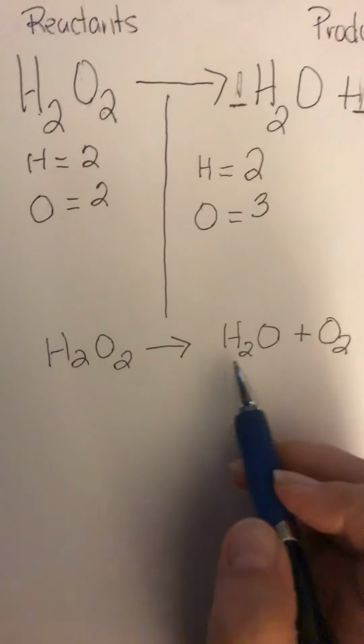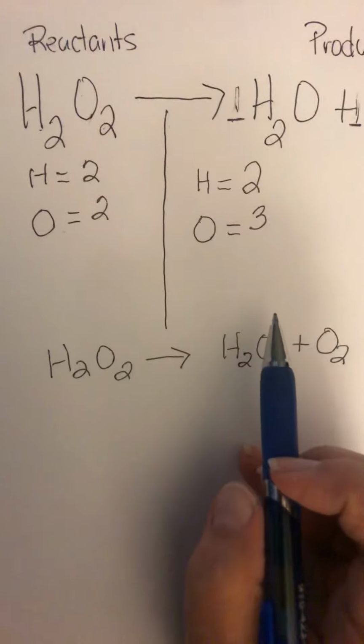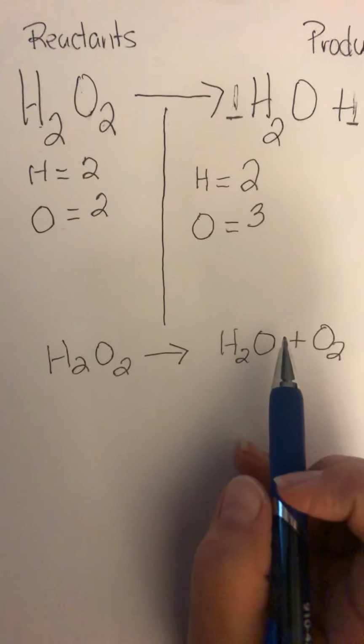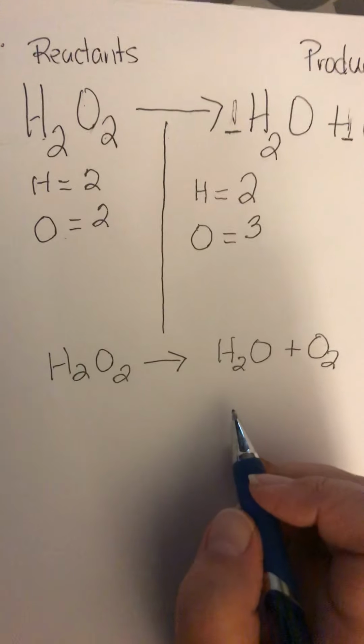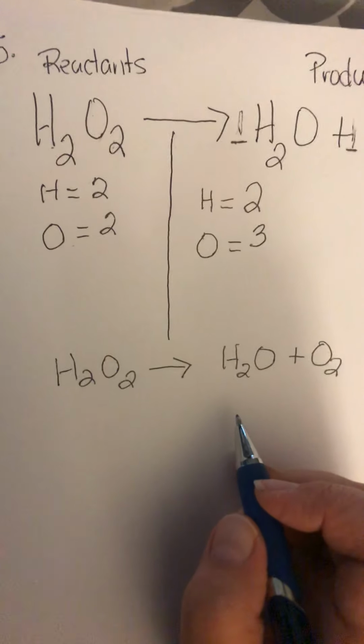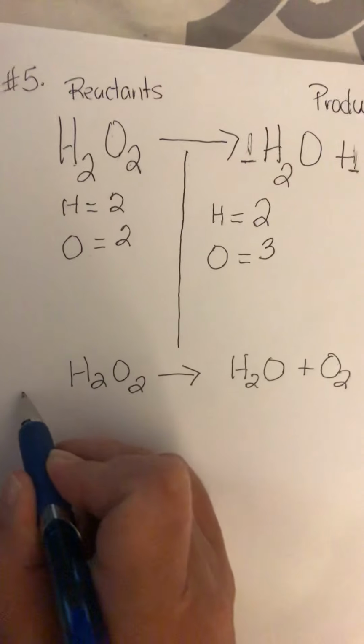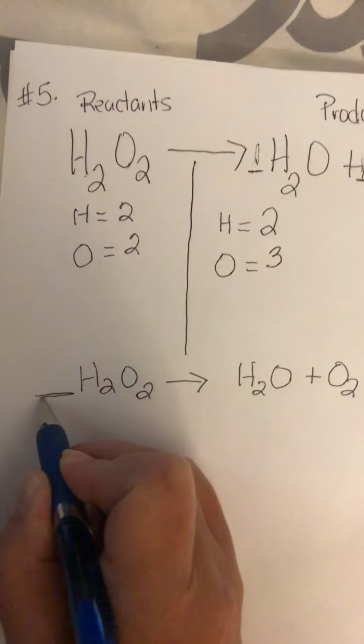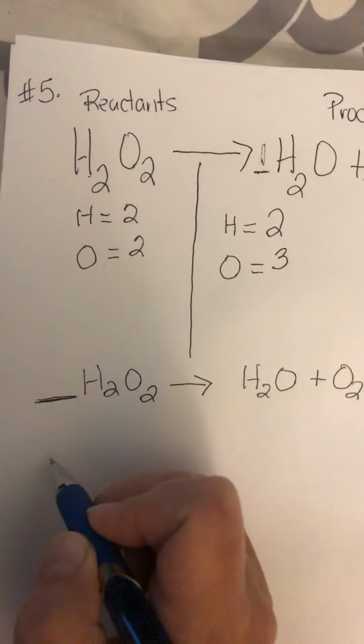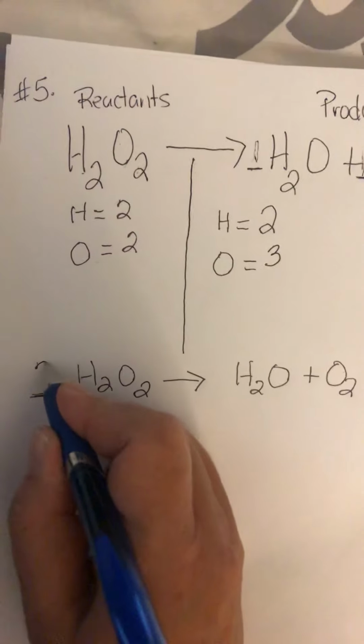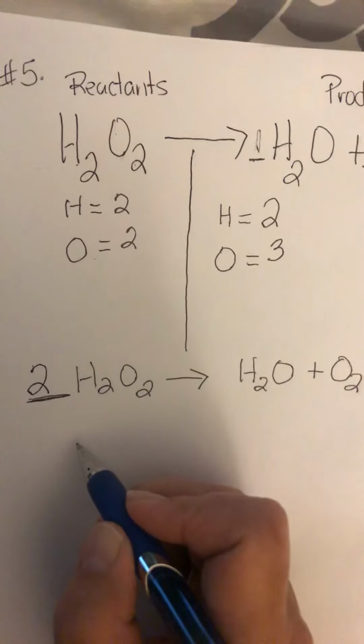How could I change coefficients to get a balanced equation? Well, let's take a look at what coefficients we could change. So let's start on this side first. So right here I have an imaginary 1 coefficient. But what if I were to put a 2 here?